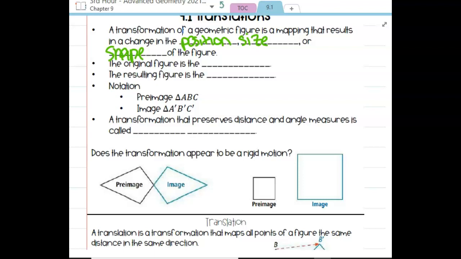Now, some of the vocabulary, and we talked about this in that one super surface level day. When we're talking about the original figure that you start with, that you're going to map to a different one, the original figure is called the pre-image. And the resulting figure is the image. So let's say you have this triangle and you want to make it bigger. The original triangle would be called the pre-image, and the bigger triangle that you made would be called the image.